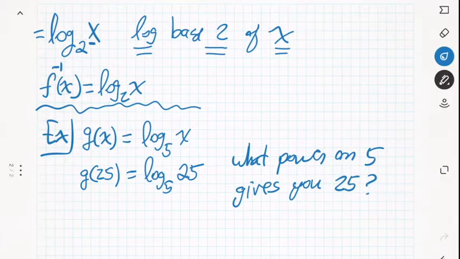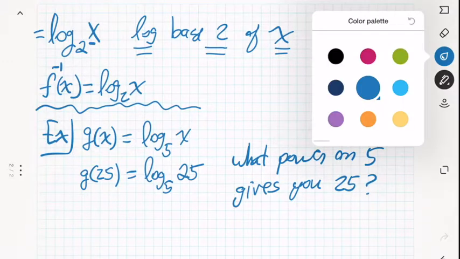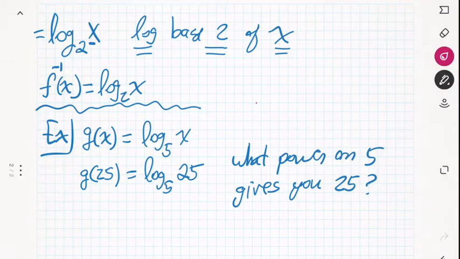And the answer to that, of course, is 2. 5 squared is 25. So g of 25 is going to equal 2. So the question actually helps you answer what a logarithm is.